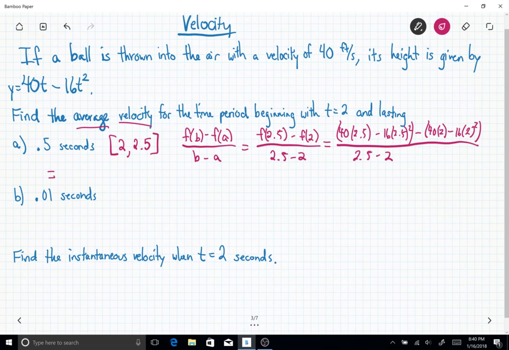And so this average rate, or average velocity, I won't shorthand it here. What is that going to equal?